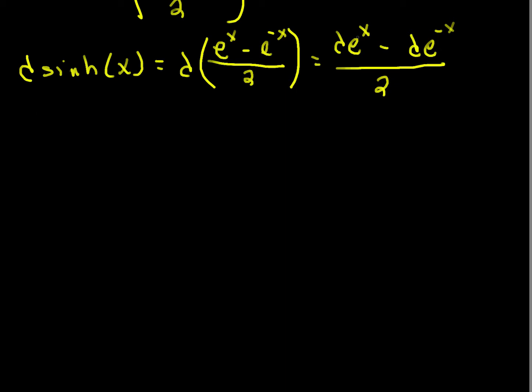And the differential of e to the x is e to the x. And we just calculated this before. This is negative e to the x, which makes that a plus.